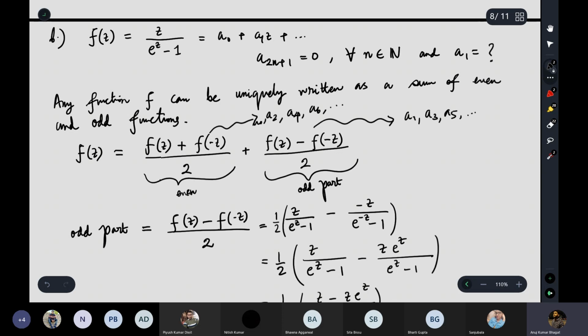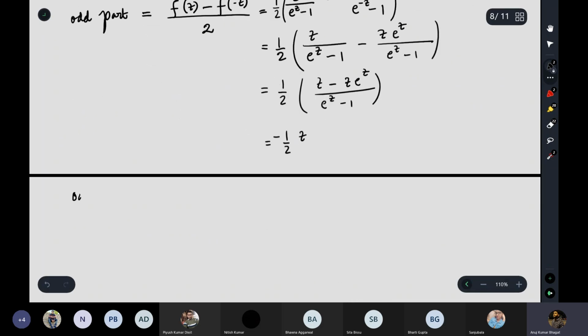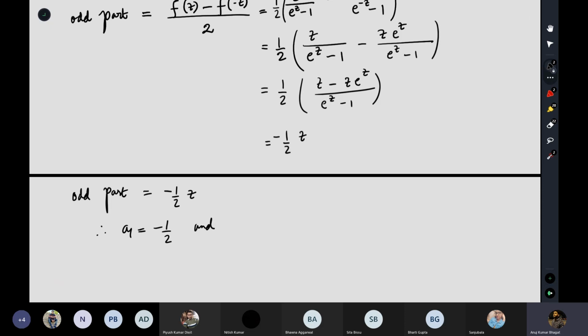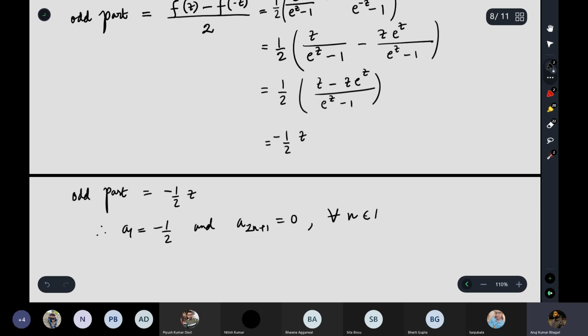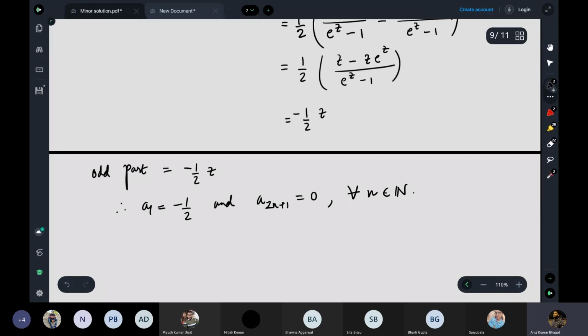So all the odd coefficients of the power series of f(z) will come from this odd part only, and what I am seeing is that the odd part is minus half z. Therefore a1 is minus half, and all other coefficients of z cube, z to the power 5 are all 0. So a2n plus 1 is 0 for all n in natural number. So this was some sort of justification. There are many other methods, but this was the simplest of all.